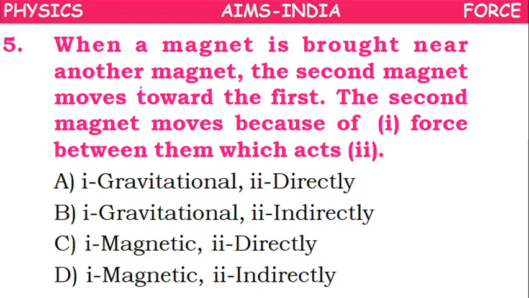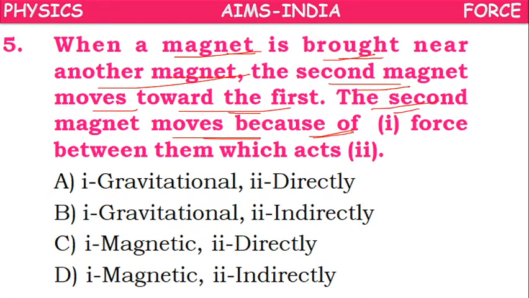Next, fifth one. When a magnet is brought near another magnet, the second magnet moves towards the first. The second magnet moves because of dash force between them which acts dash.